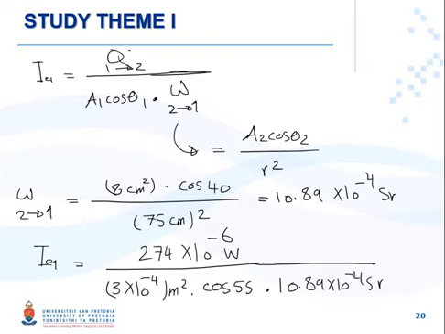The answer will be 1460 watt per square meter steradian. So we found the intensity of radiation.